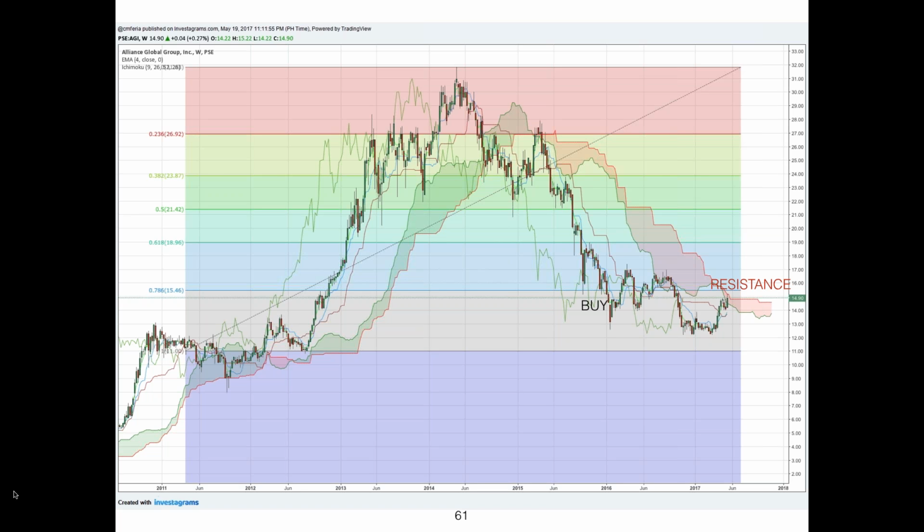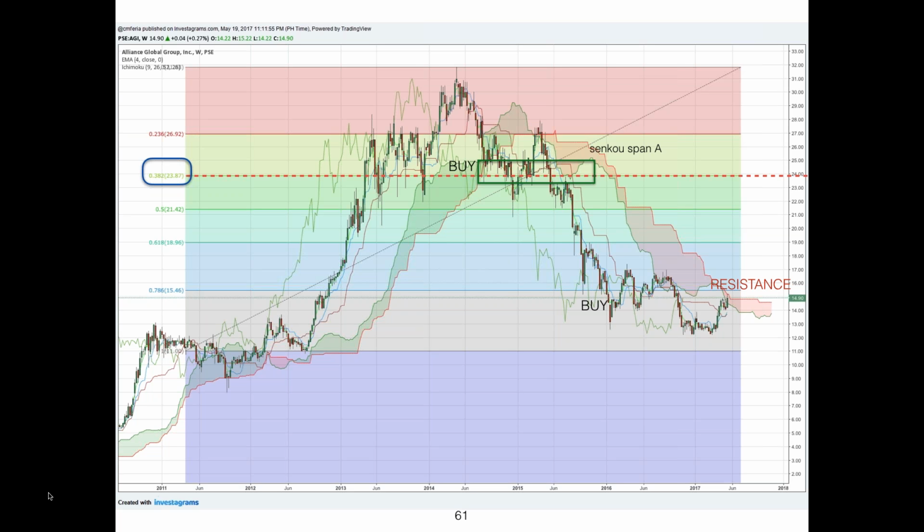Support 1, after the bounce after price falls from the top, we find support 1, which is near the 24 peso area at the 38.2% Fibonacci level. This is also the same area where we find the Senkou span A. So this is our buy area.